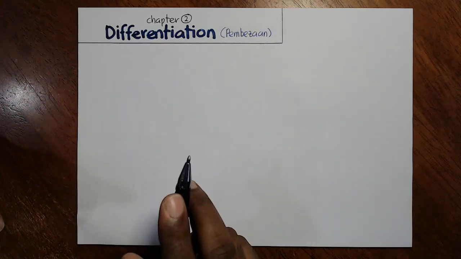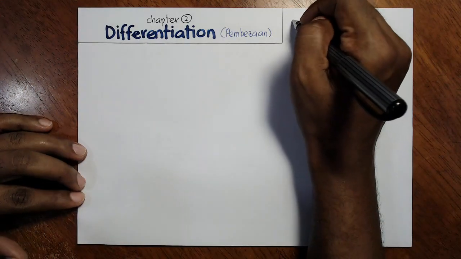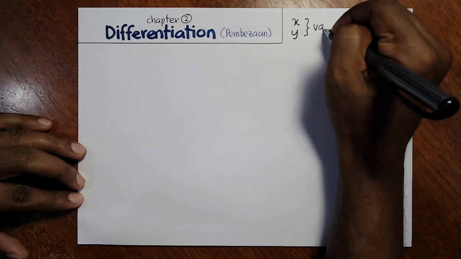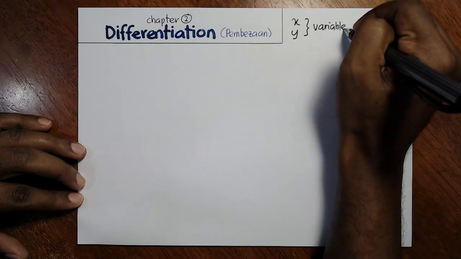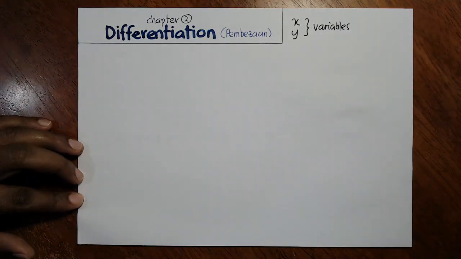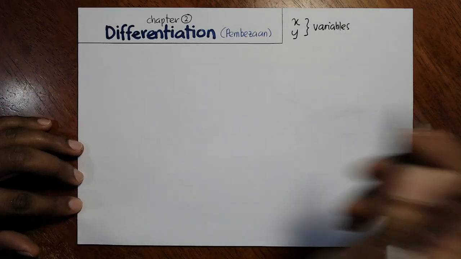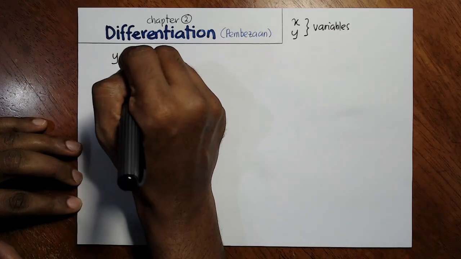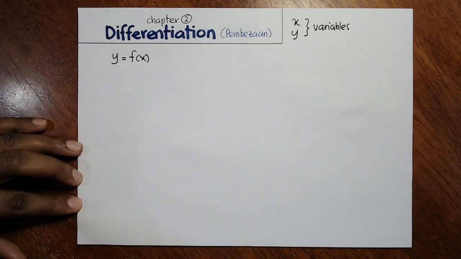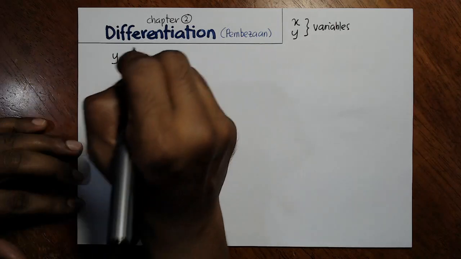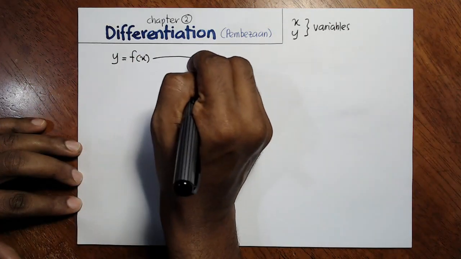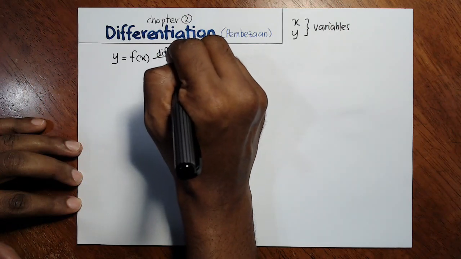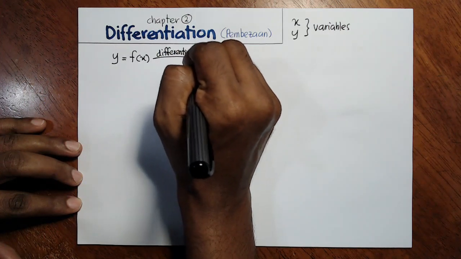Generically the symbols x and y will be used as the variables, but they can also use other symbols depending on the situation. You will be given y as a function in terms of x, and what you have to do is differentiate.